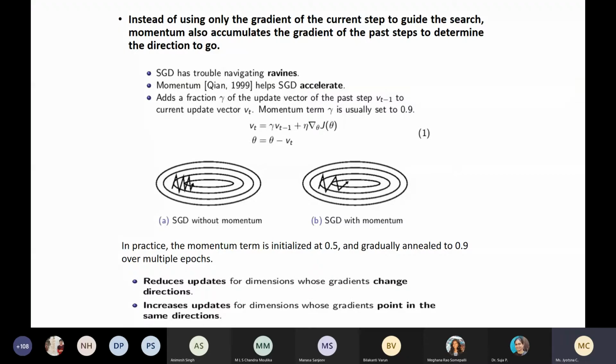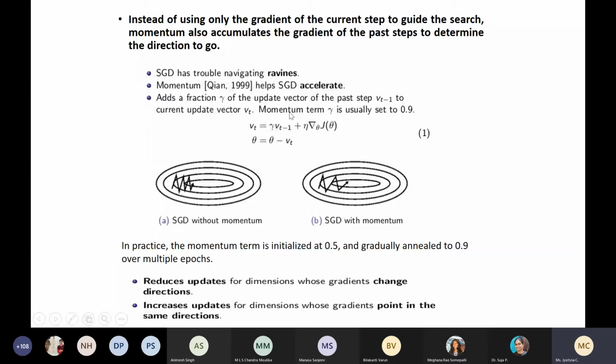So the momentum term, gamma, decides how much of all the previous gradients it is accumulating. From the formula you can understand that, because gamma into Vt minus 1, the previous Vt, will again have gamma into the previous Vt plus learning rate into the gradient.